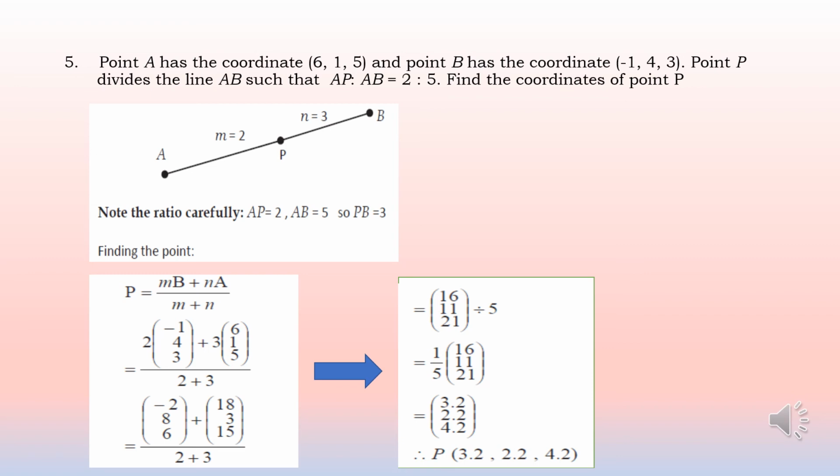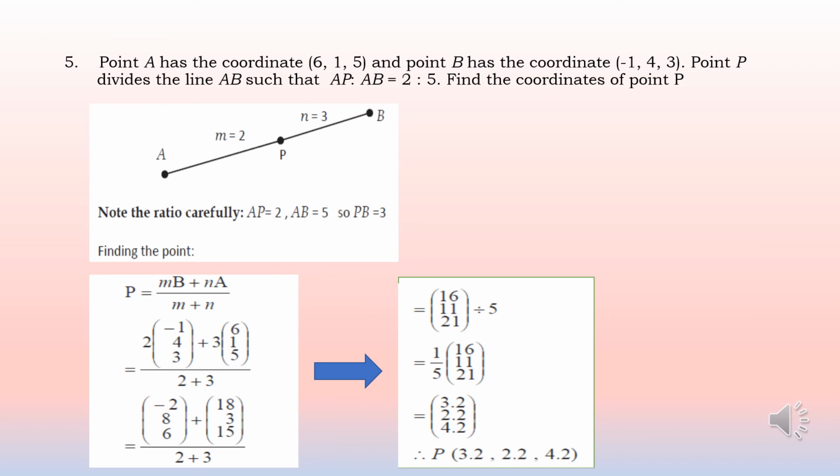So to further simplify, you can carry out the scalar multiplication first. Simplify the numerator by carrying out the scalar multiplication. So 2 times negative 1 is negative 2, 2 times 4 is 8, 2 times 3 is 6. The second one, 3 times 6 is 18, 3 times 1 is 3, 3 times 5 is 15. Whole thing divided by 2 plus 3.